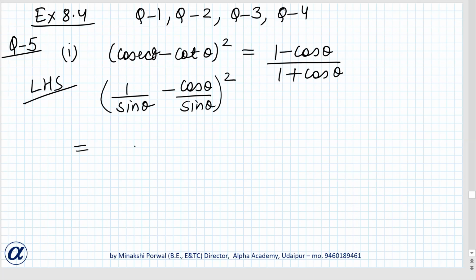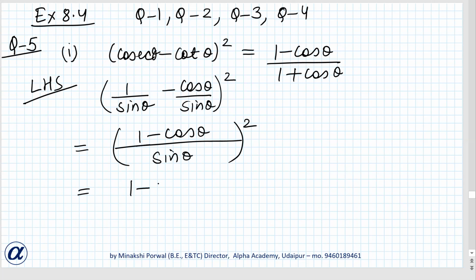So taking sin theta as LCM, it is 1 minus cos theta, the whole square.